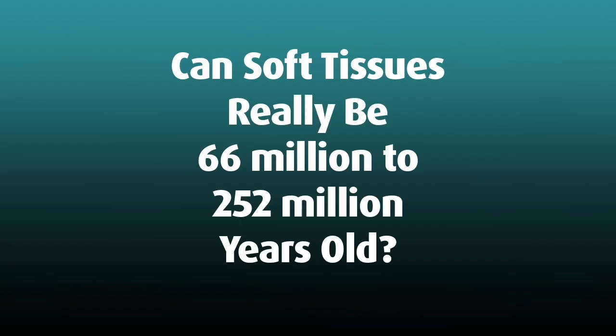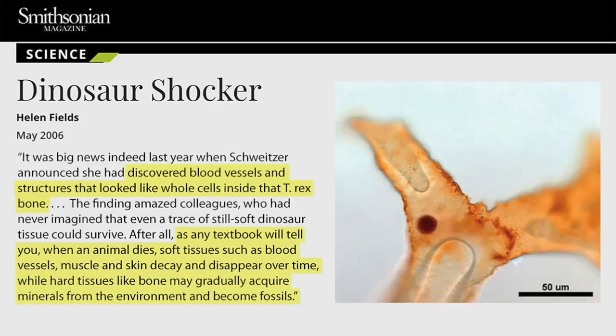So another question. Can soft tissues really be 66 to 252 million years old? Well, there's an American paleontologist at North Carolina State University, and she has discovered soft tissues in a number of dinosaur fossils. It says here she discovered blood, and notice this is from the Smithsonian Magazine, so it's not like a creationist argument.